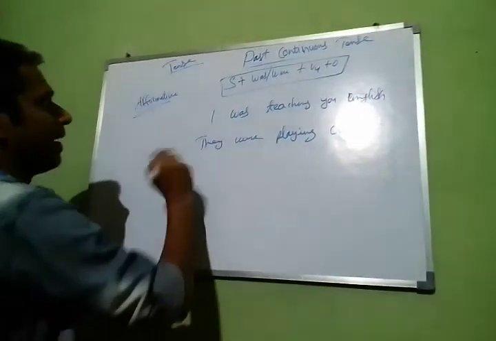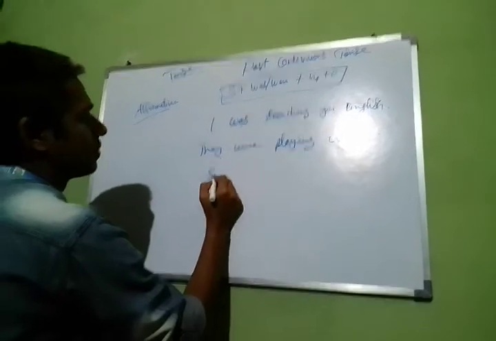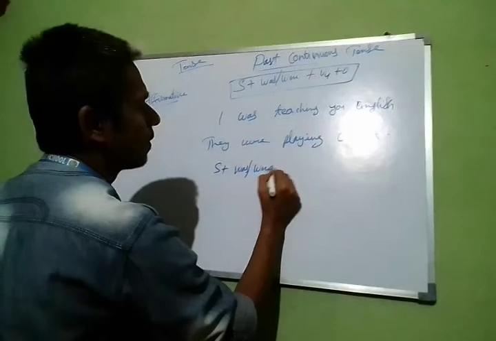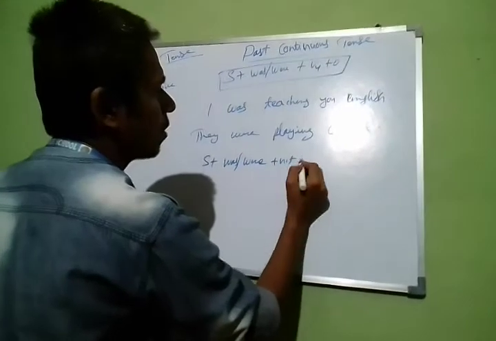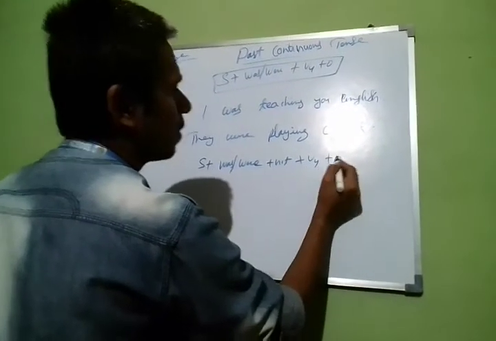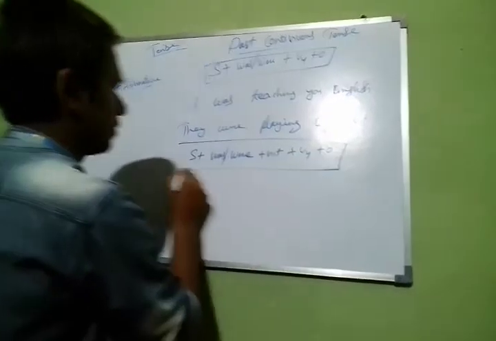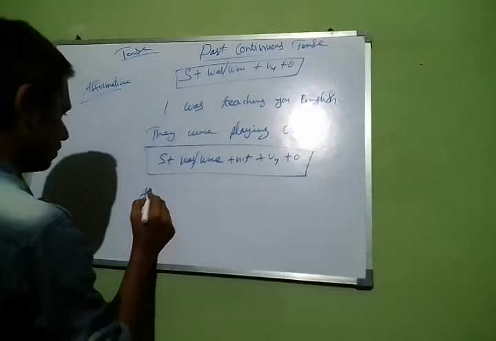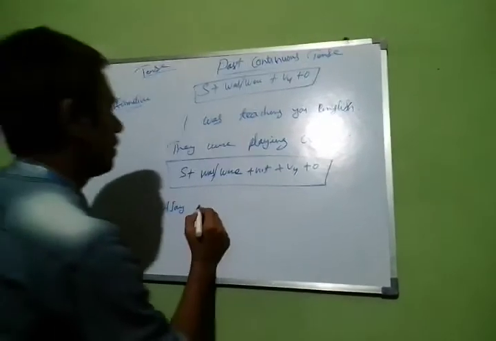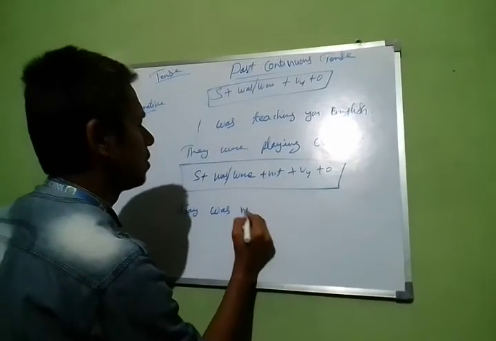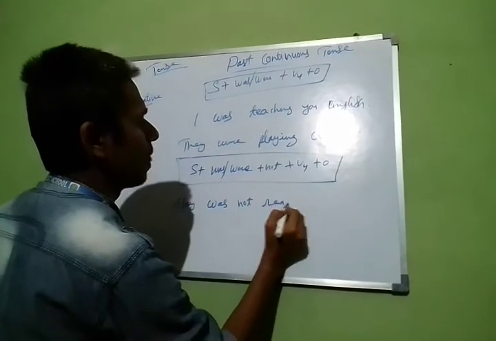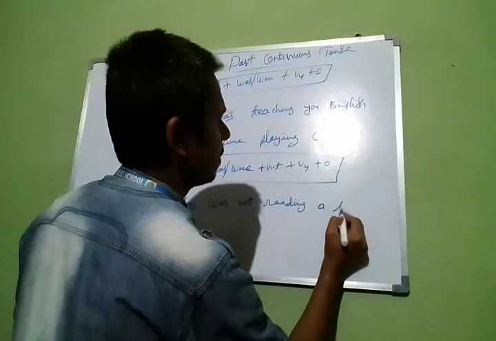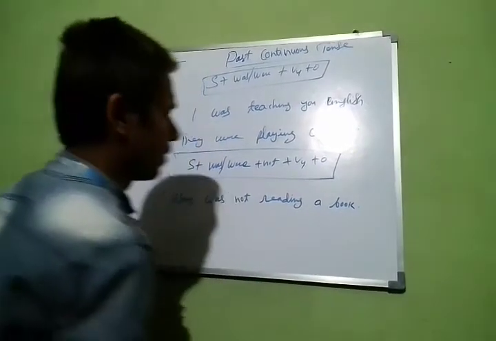And negative, subject plus was/were not, V4, object. Ajay was not reading a book.